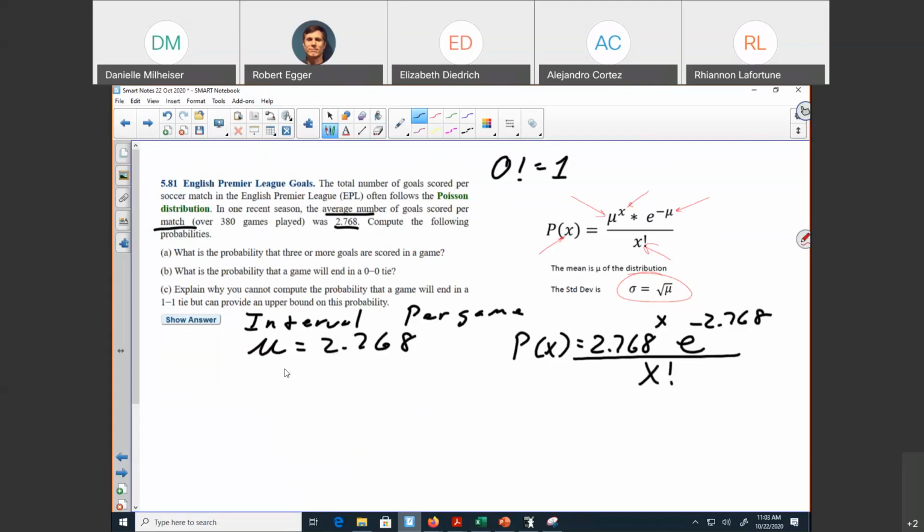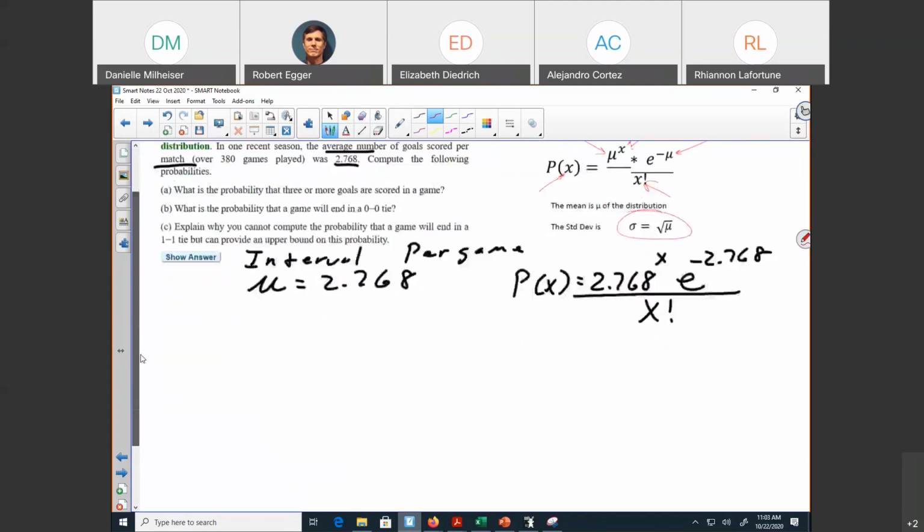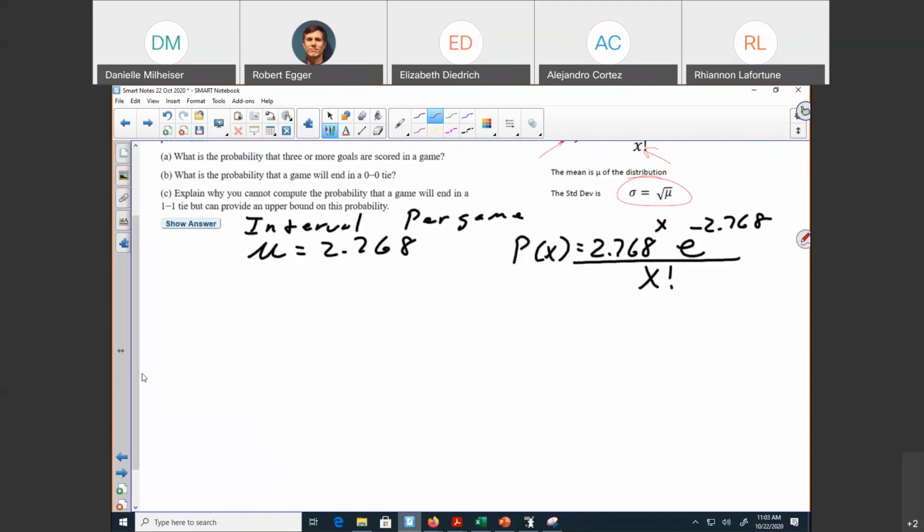Let's look at A. Probability that 3 or more goals are scored, which means 3, 4, 5, 6, 7, 8, 9, 10, and so on up to 100, 200, 300, 400, 500 goals.